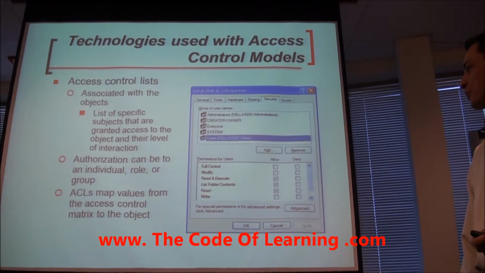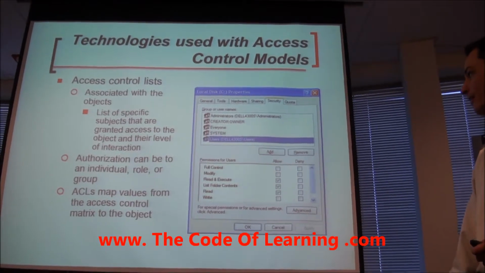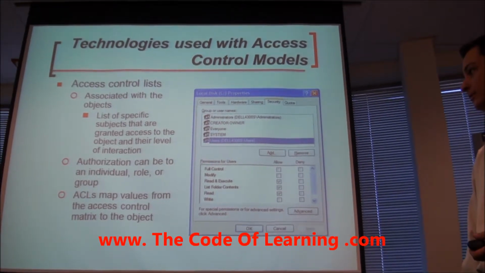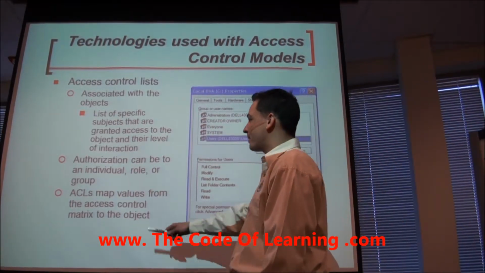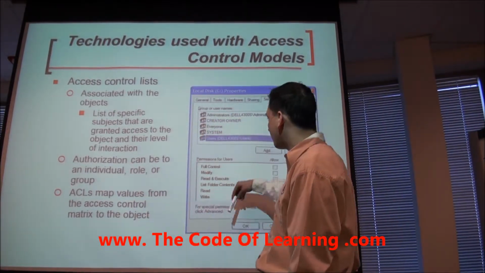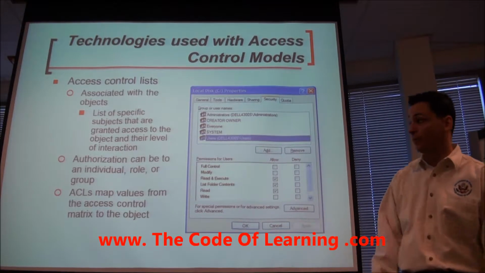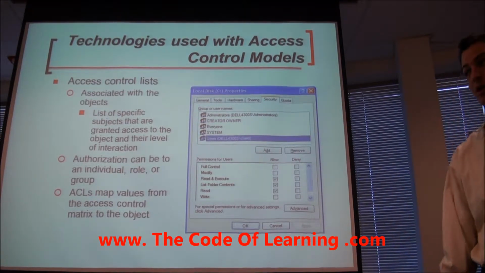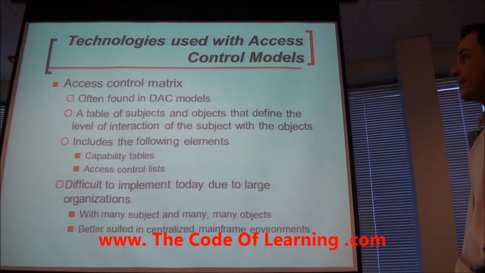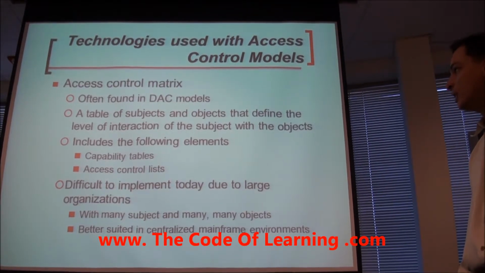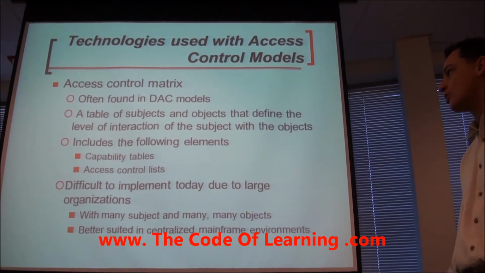So here's your access control list. All right, so access control list, right? Here you go. Here's an example of an access control list. So this is, again, based on authorizations because it's permission, but you could authorize someone basically on the user or the group level if you wanted to. Do you agree or disagree? Agree. Concur. Then you got the access control matrix. This is often in discretionary access control.